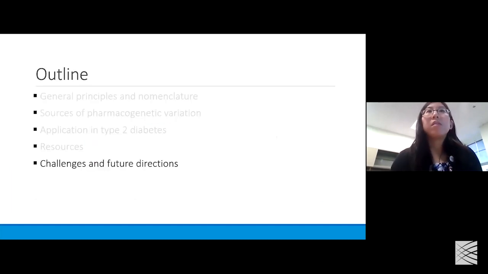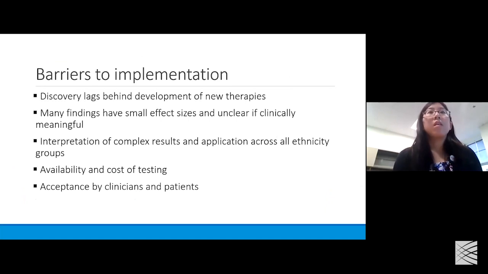Okay. In the last 10 minutes or so, I want to discuss challenges and future directions in this field. There are a couple of barriers to implementation, some of which have been brought up throughout the talk and also by others in their questions. One major theme is that discovery in pharmacogenetics really lags behind the development of new therapies.